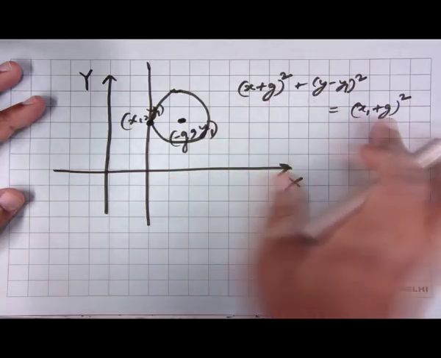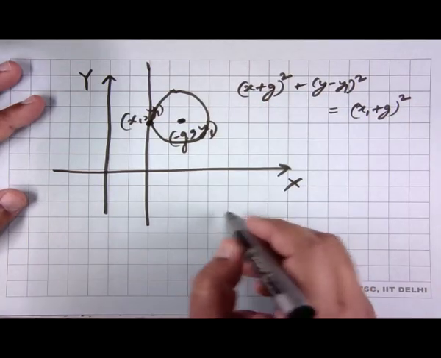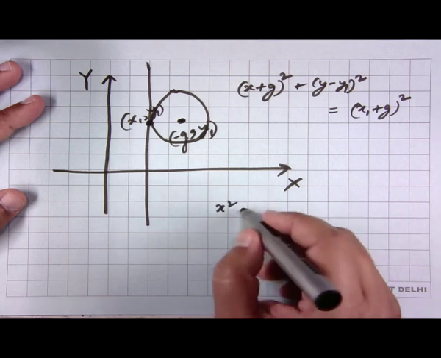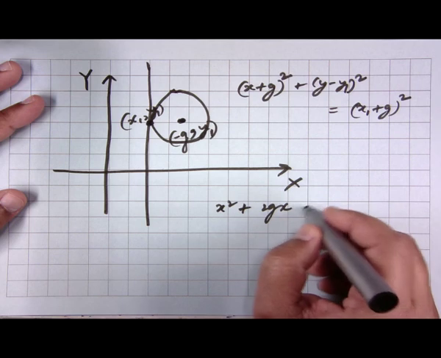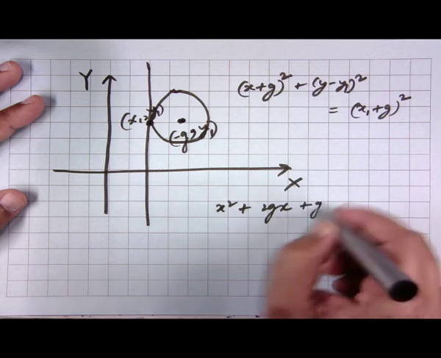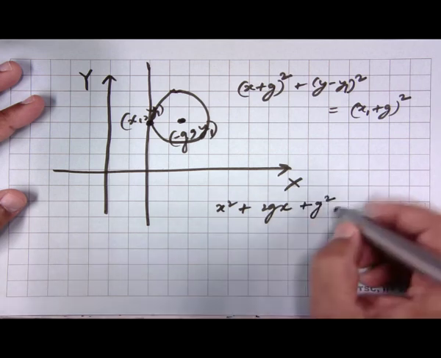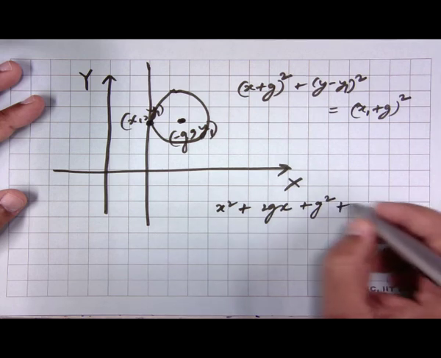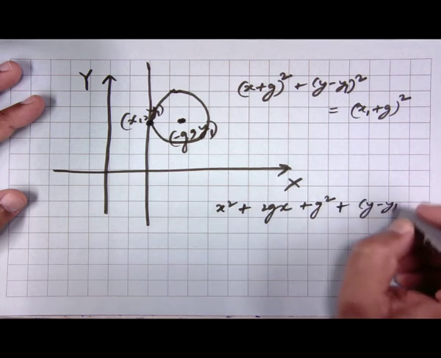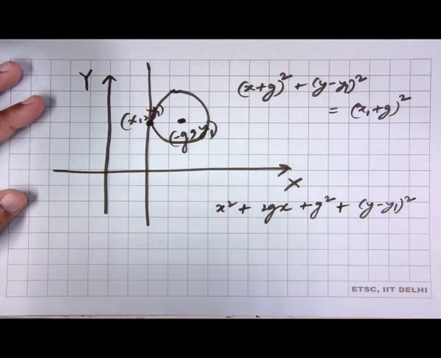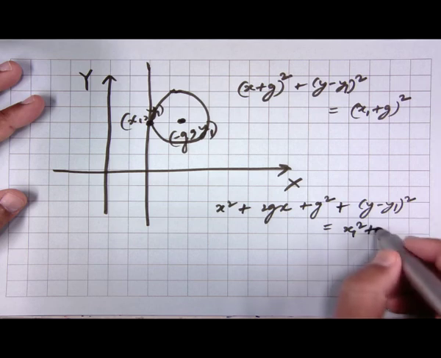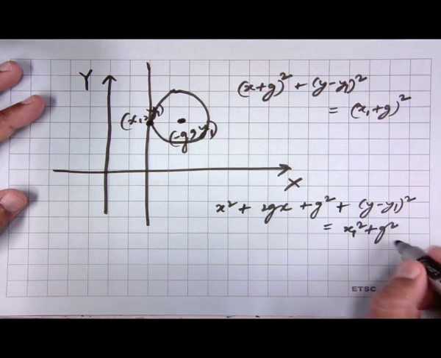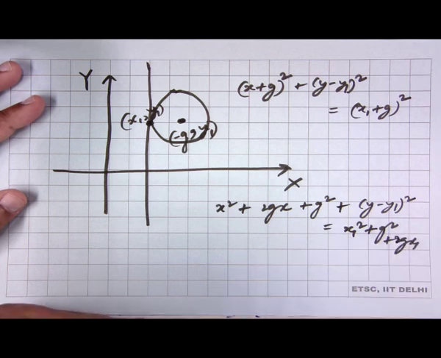Again, if we simplify this, what we get is x square plus 2gx plus g square plus y minus y1 whole square is x1 square plus g square plus 2gx1.